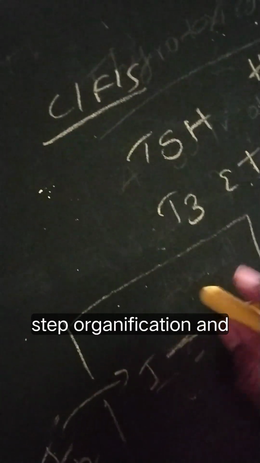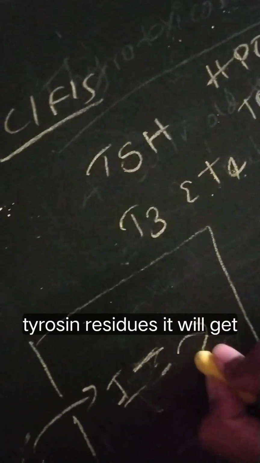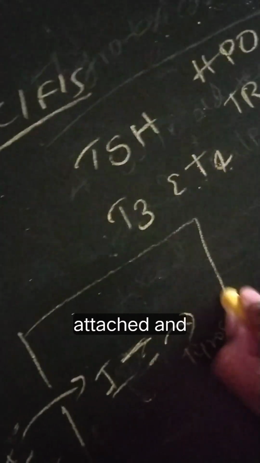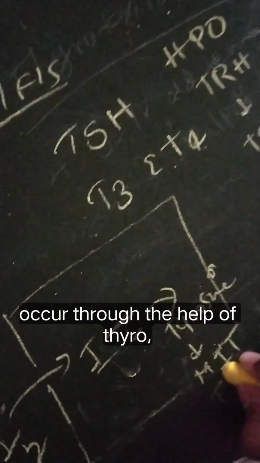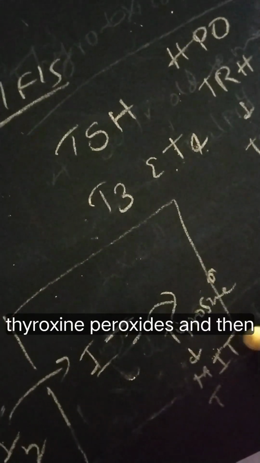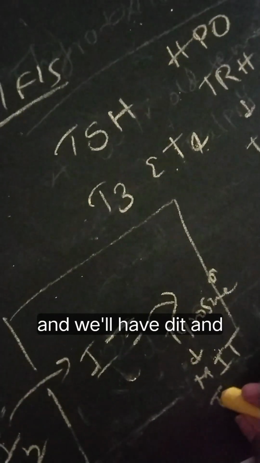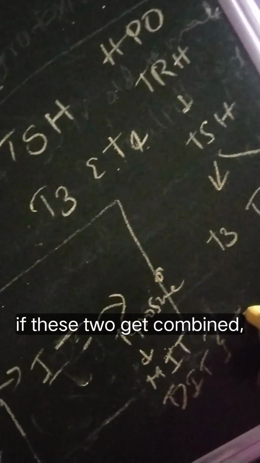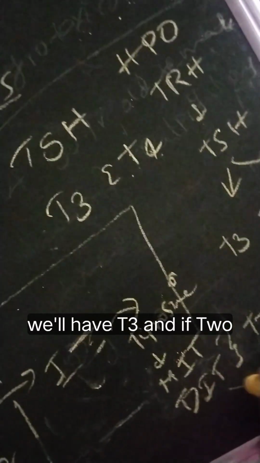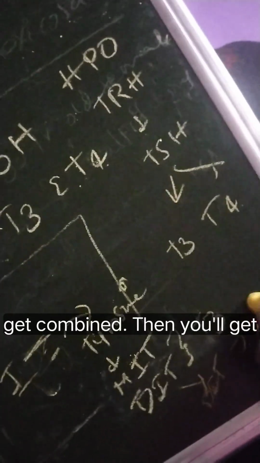Tyrosine residues get iodinated, and MIT and DIT formation occurs with the help of thyroid peroxidase enzyme. If MIT and DIT combine, we get T3, and if two molecules of DIT combine, we get T4. We know all these things already.